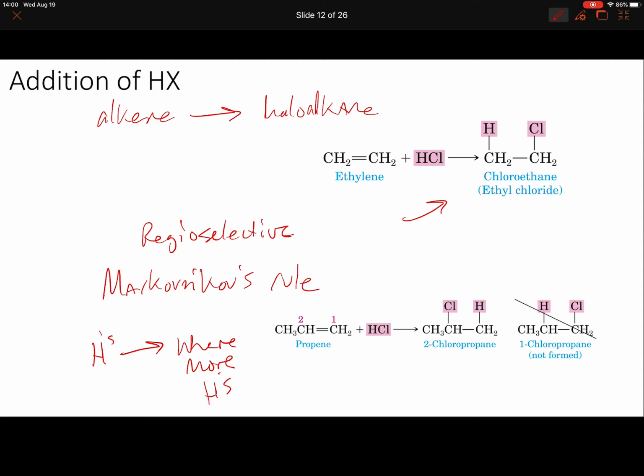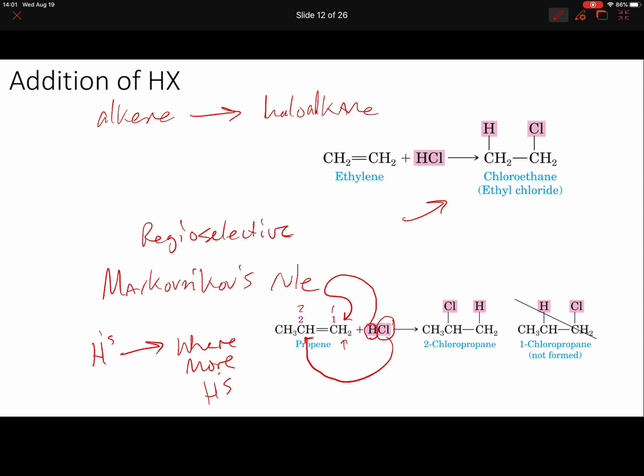Let's take a look. So here we have propene. We have 2 carbons, carbon number 1 and carbon number 2. Carbon number 1 has 2 hydrogens on it. Carbon number 2 has 1 hydrogen on it. This hydrogen is going to go to where there are more hydrogens. That's what Markovnikov's rule says. It also says that the halogen will go to the more substituted carbon.